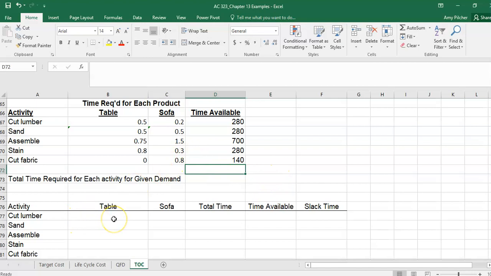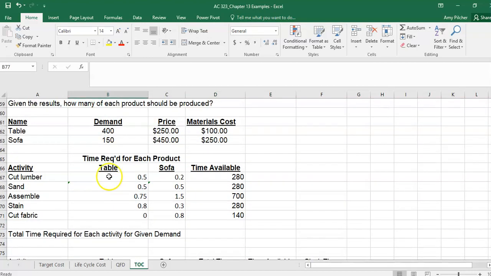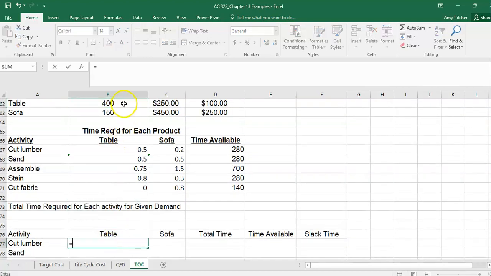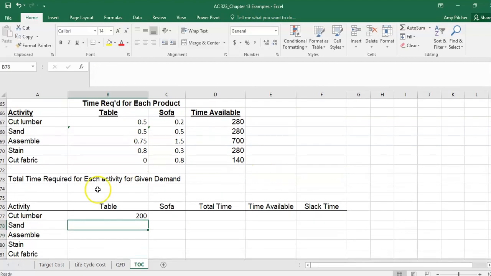So now we want to know exactly how much time we need to meet demand. Our demand for tables is 400 a month. So we would take 400 tables, lock that cell, times the amount of time it takes to do each activity.